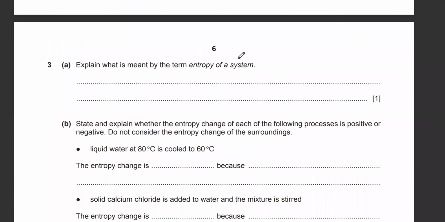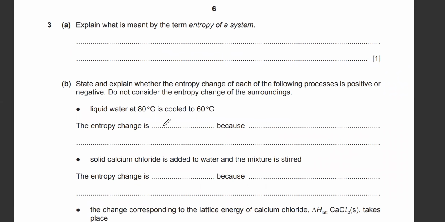So what is meant by the term entropy of a system? It's a measure of disorder of a system, and what's the entropy change over here that's happening and why?